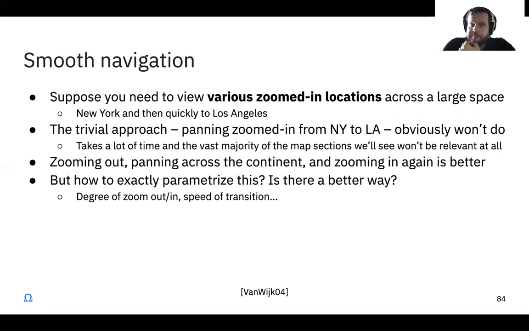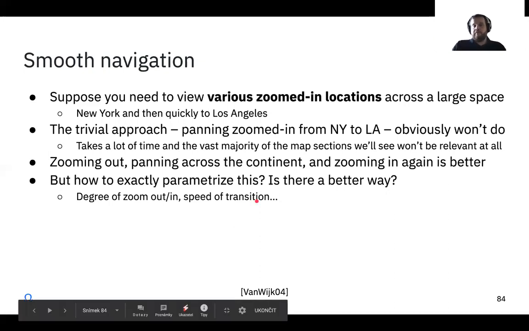The trivial approach of panning zoomed in from New York to LA is obviously a bad approach, right? It will take you a lot of time, and the vast majority of the map sections we'll see won't be relevant at all. We start at New York, which is relevant, and slowly move across the United States towards LA, and all we have seen on the way is not relevant for us. It's just distraction, right?